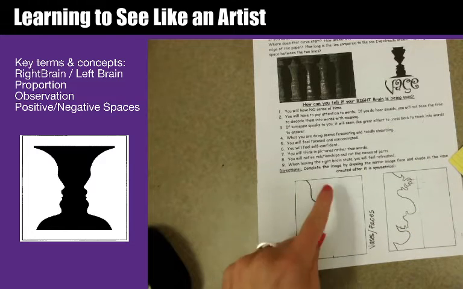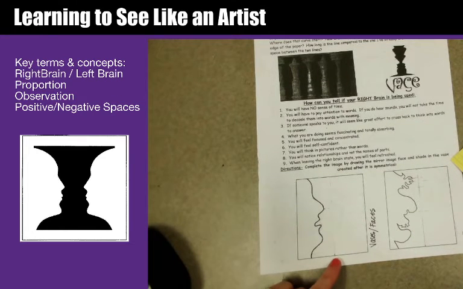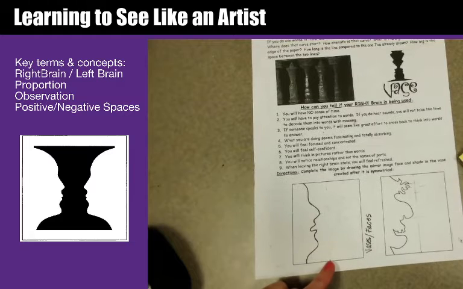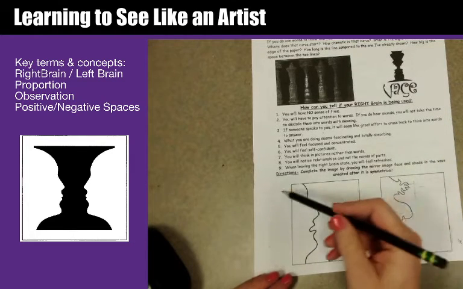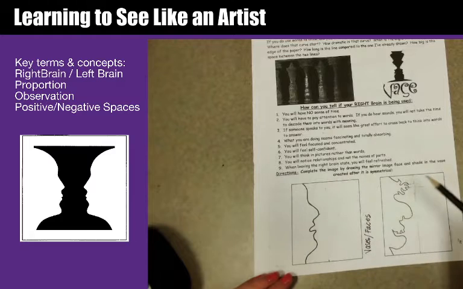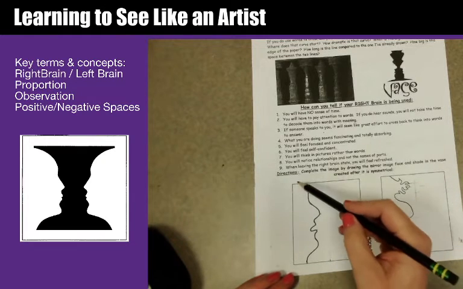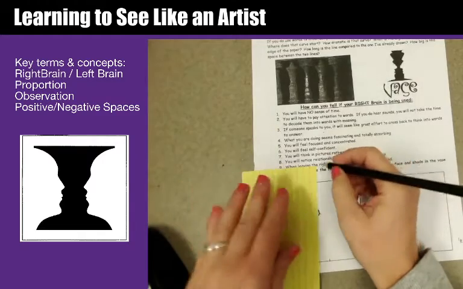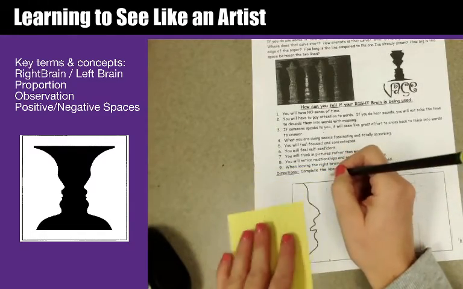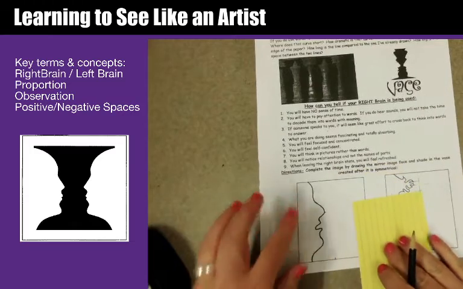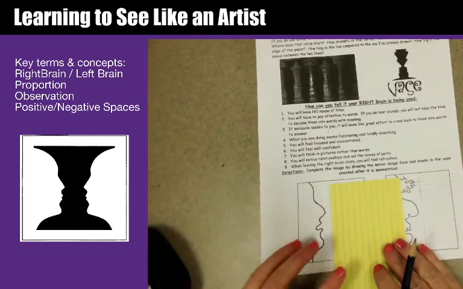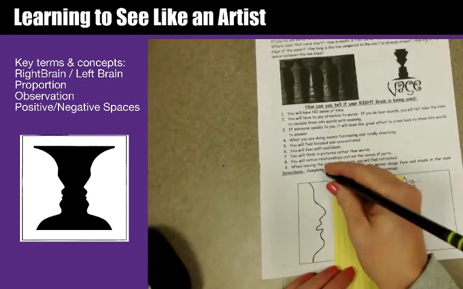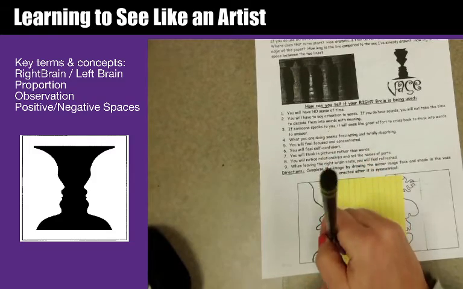So the first thing I want you to notice on these papers, your worksheets, and if you don't have worksheets and you're going to do this yourself, what you want to do is draw a box around your first initial profile drawing. And then you're going to need a vertical line that divides that space up in half. So that right there is a pretty tricky process.